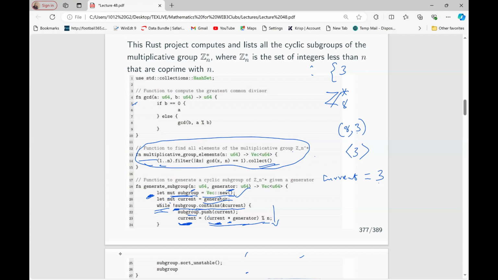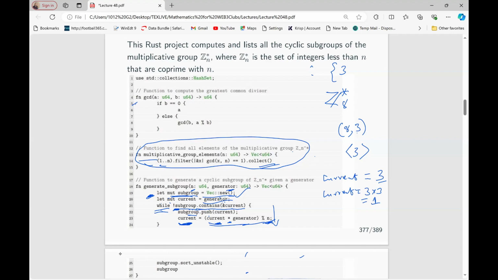We pushed it there. The new current is the old current times the generator. Our generator was again 3. That is 9. Divide by n, which is 8, and write the remainder. So our new current is 1.